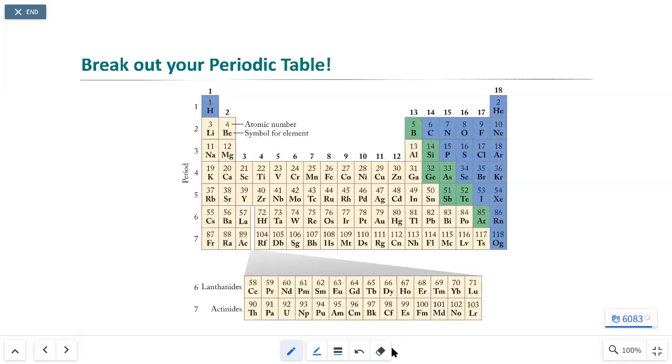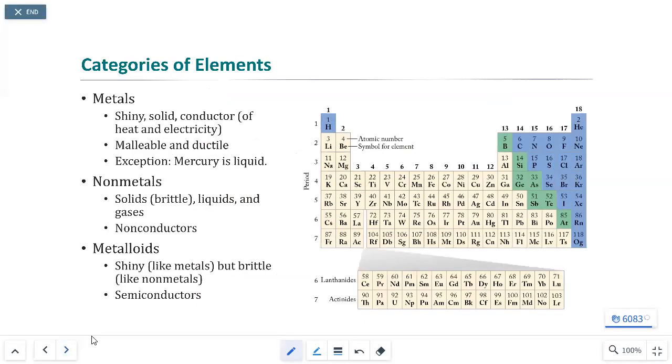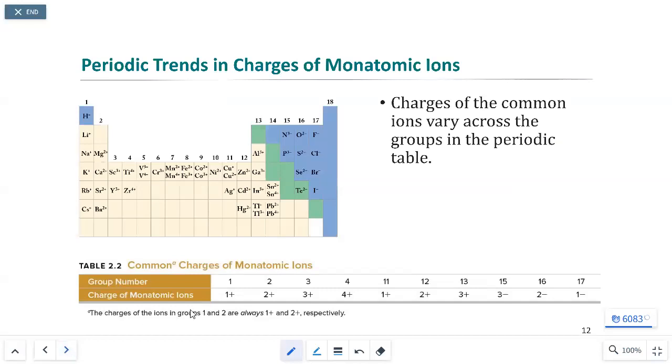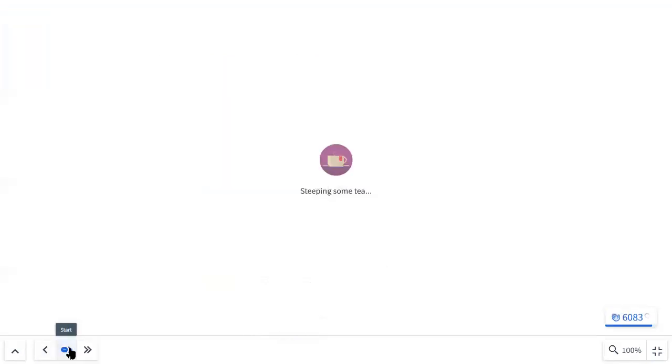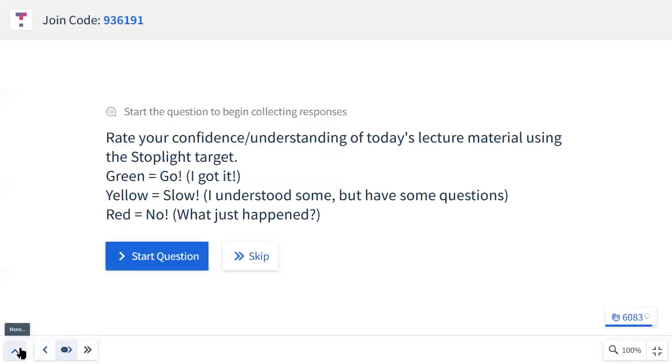I'm gonna give you some notation that is going to help to make sense of everything. And we'll be able to do things like this, where we categorize and break things down into groups, into families, and predict common charges of ions based upon their position on the periodic table. And so that will be the subject of Monday's lecture.